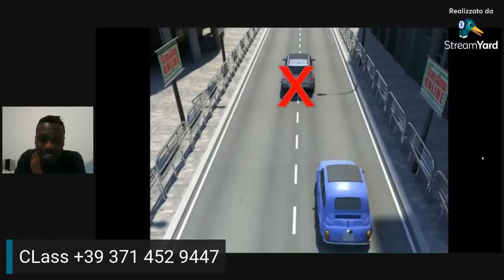La linea discontinua non ti autorizza a circolare a cavallo di esso. That's how the question goes. So it does not allow you to circulate on top of the discontinuous line, even though it is tratteggiata.